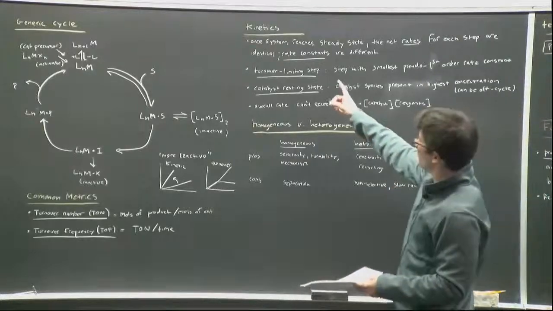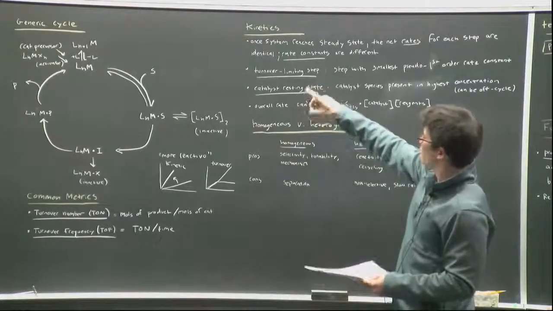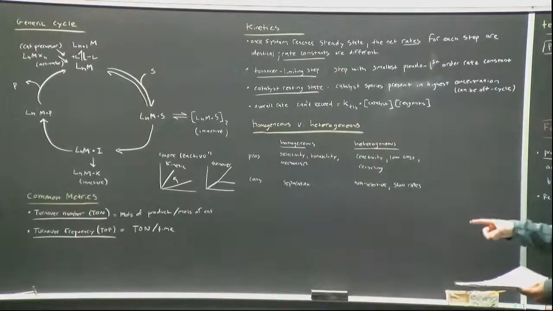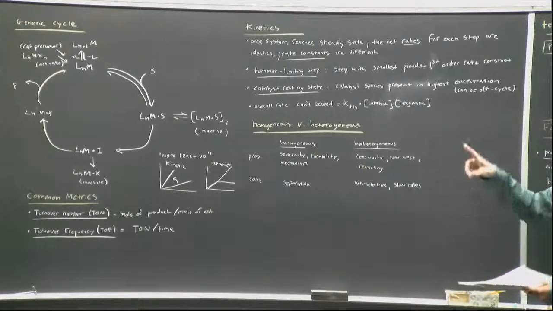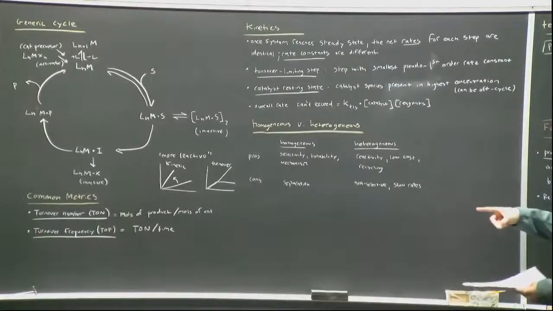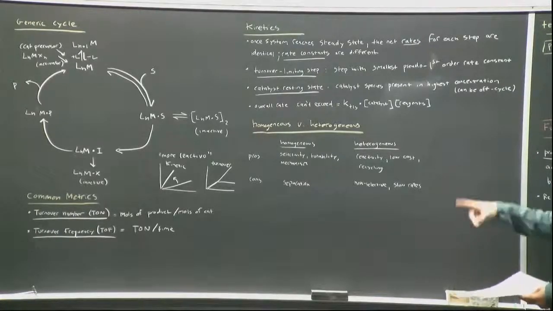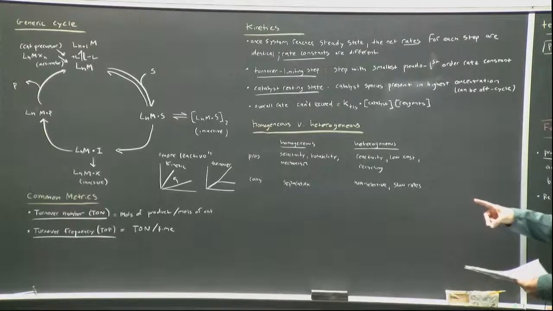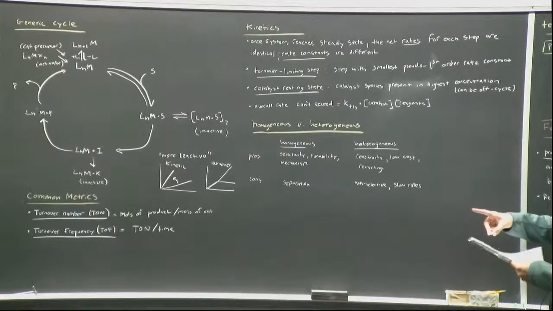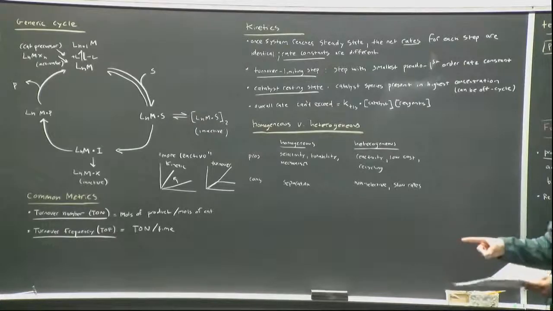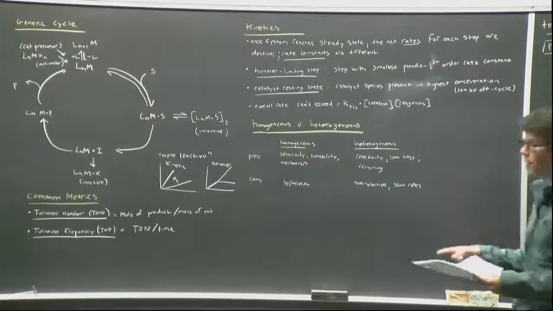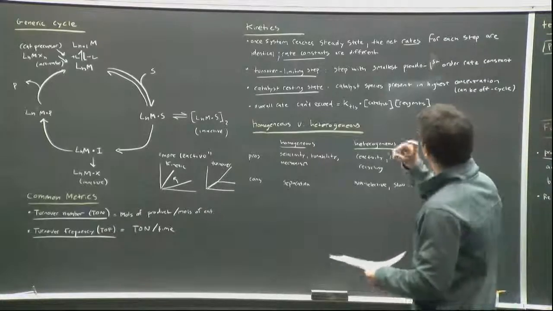When a multi-step catalytic cycle reaches steady state, the net rates of each of the individual steps are identical. And so it's technically incorrect to say that there's a fast step or a slow step in a catalytic cycle. All of the steps are happening at the same rate.